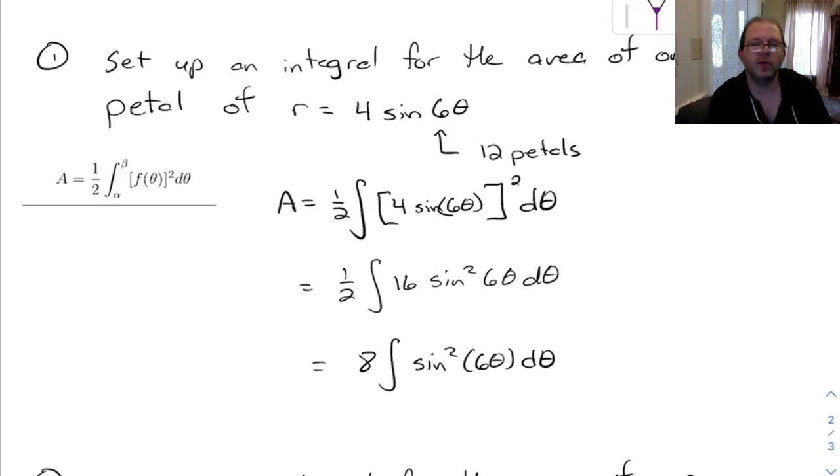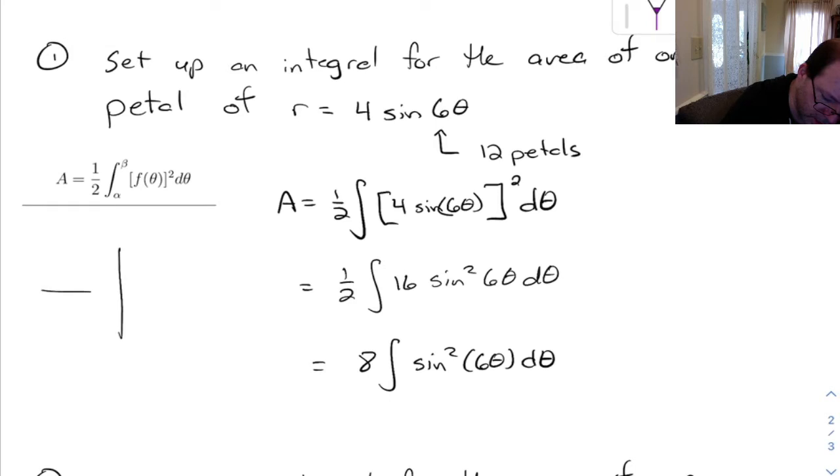Okay, what about those endpoints? Let's work that out. If we look at it, there are a couple of ways you can do this. Let's look at it on Desmos.